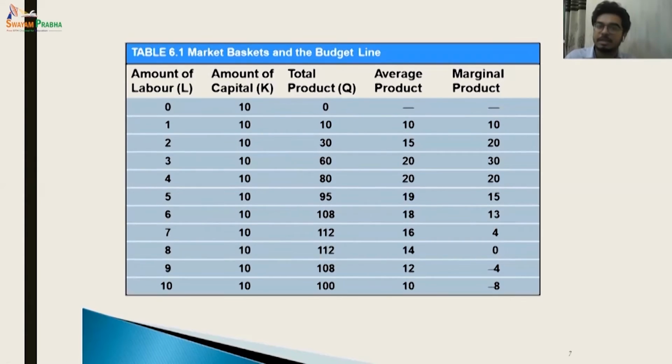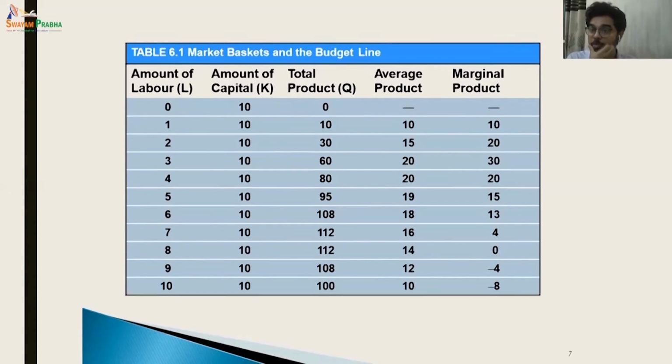After that, the total product is decreasing. With 7 labor and 10 capital, the total product was 112. With 8 labor and 10 capital, it did not increase further. With 9 labor and 10 capital, it decreased. With 10 labor and 10 capital, it further decreased.